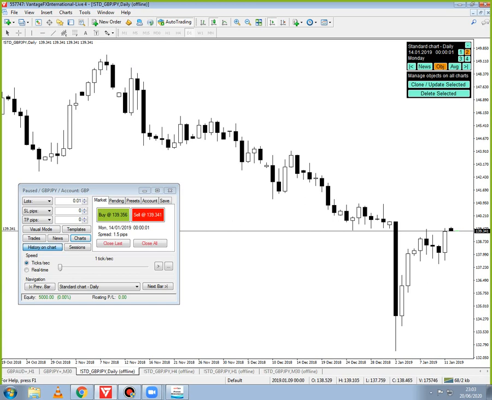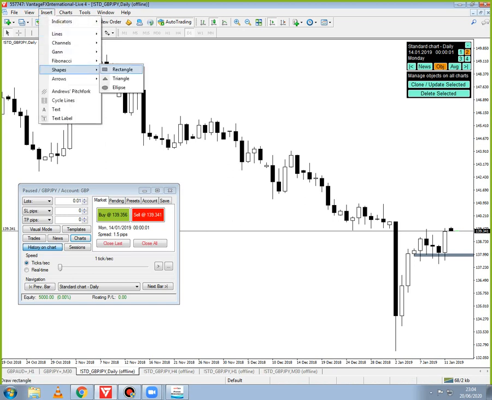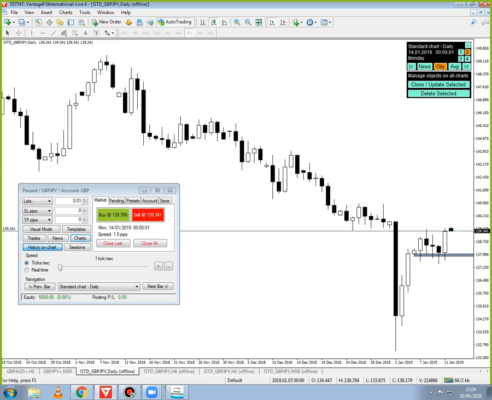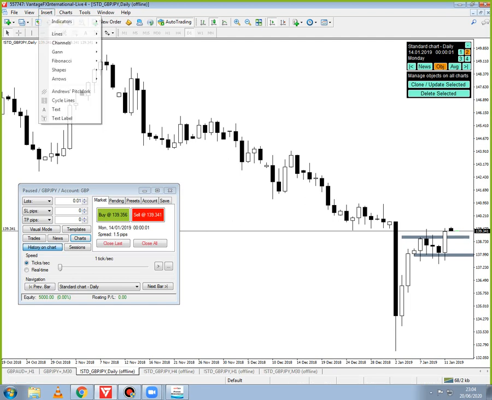Looking at the daily's most recent price action, it has formed support down over here at around 137.990. Price has also broken out of this resistance area that we had on the daily time frame. Then we're going to mark potential daily areas.